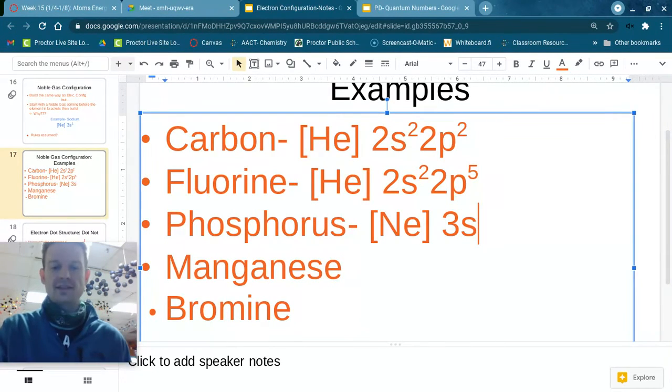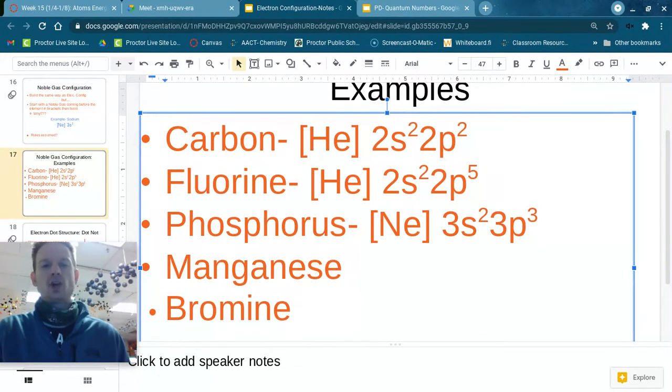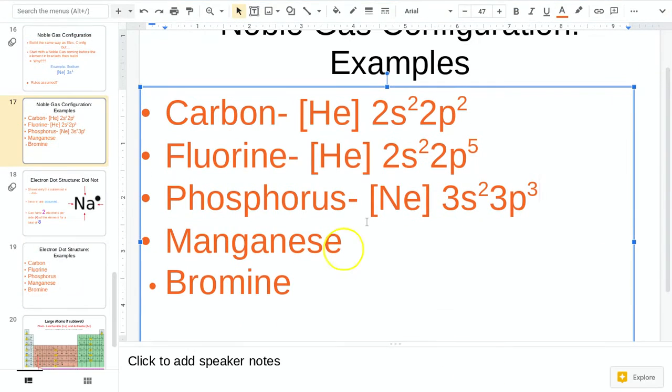It's going to be 3s2, and we go over to the p's and we'd have 3p3. You can start to see that using these noble gas configurations is going to help us out quite a bit in making this easier to deal with.